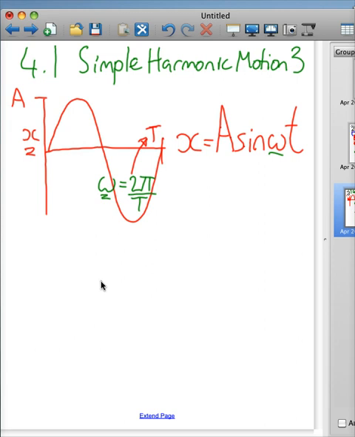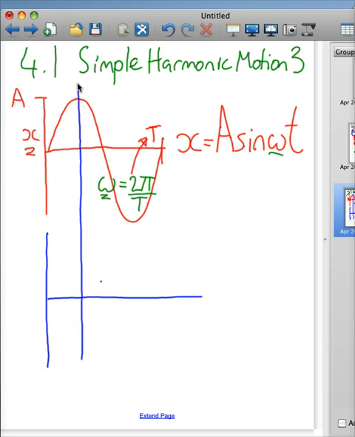Here we go. Once again, at a maximum displacement, we showed it stops. It's got a 0 velocity. At the maximum negative displacement, it stops. It's not going anywhere.